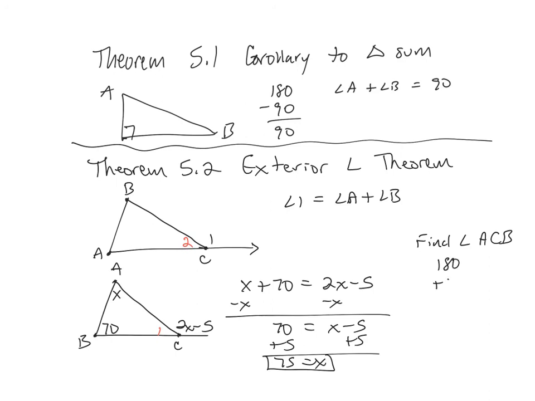180 plus 75 is 155. Or excuse me, goodness gracious. I would need to do 70 plus 75 is 145, and then do 180 minus 145.